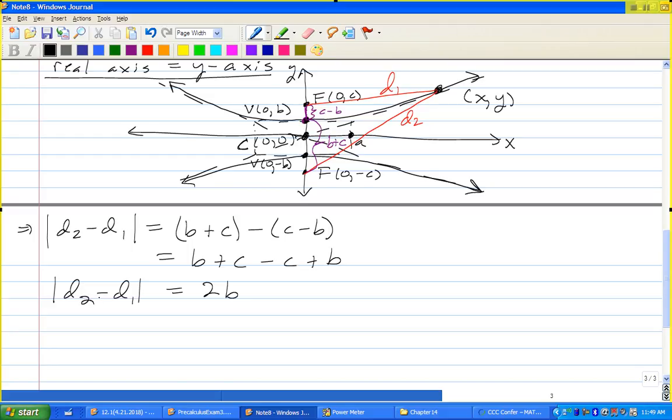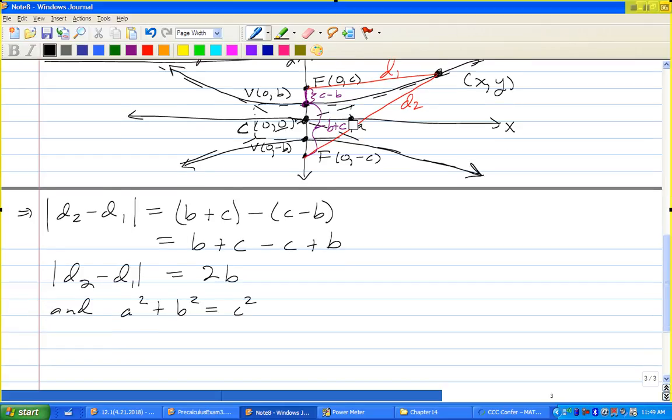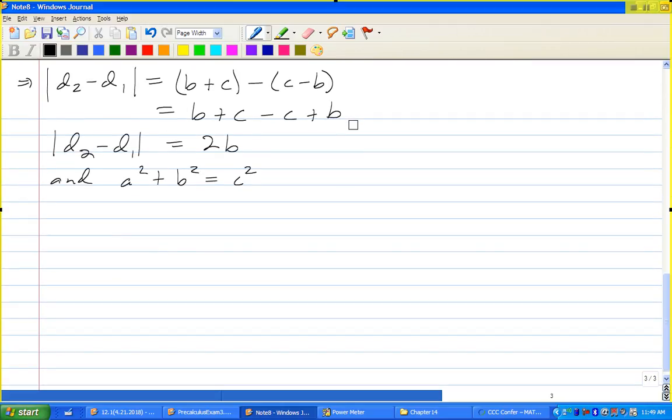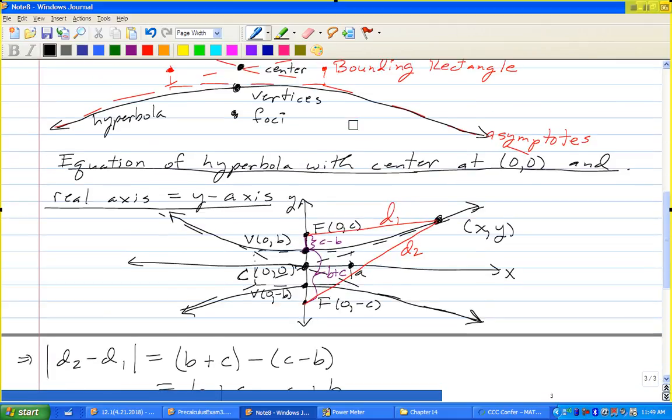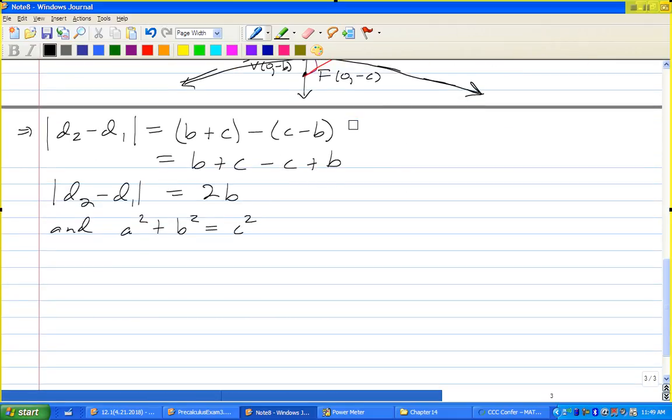And we also see from here that a squared plus b squared equals c squared by Pythagorean theorem. So let's look at the difference of these two distances.